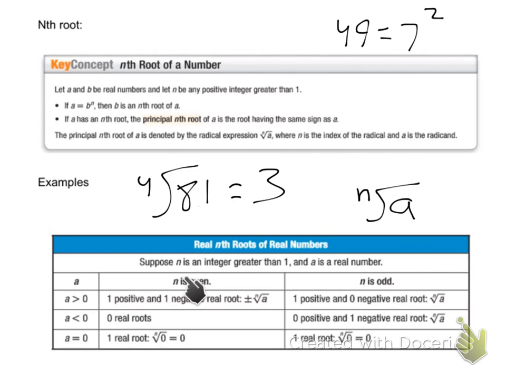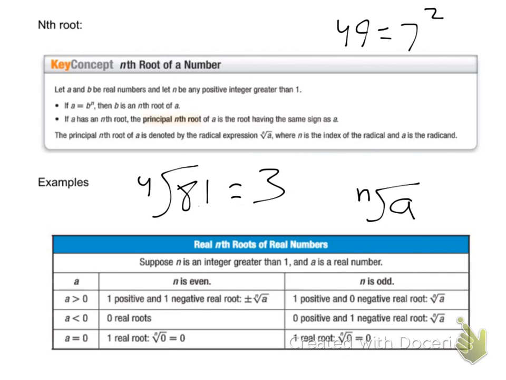If n is even, 2, 4, 6, 8, and the number inside the square root is positive, we will have one positive and one negative answer. So technically, if I ask for all the roots of the square root of 25, it's plus and minus 5, because negative 5 times negative 5 is 25 as well.